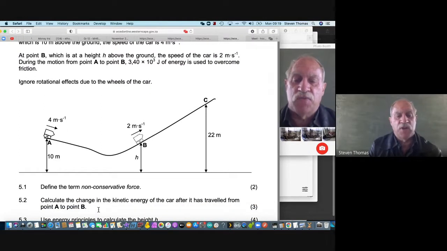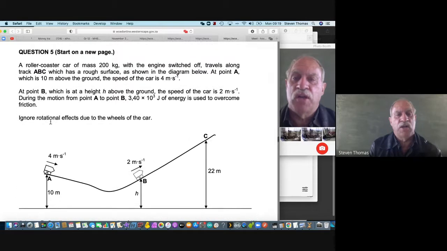Calculate the change in the kinetic energy of the car after it has traveled from point A to point B. So here it's going 4. Now you know that they're going to give you the mass of the car. So you need a formula for kinetic energy. What's that formula? Half mv squared. So half times 4 squared times 200, half mv squared.